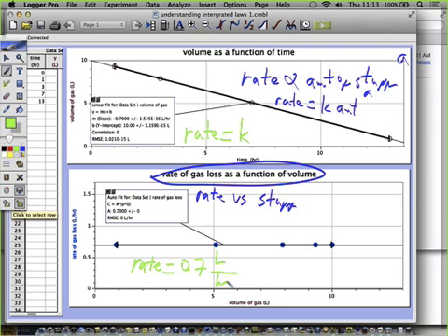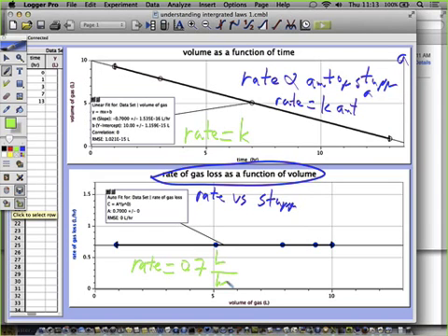Yes. The bottom graph will always give me the rate law, because by definition, what have I graphed? The rate law. But can I get that information on the bottom graph just by looking at the top graph? Yes.